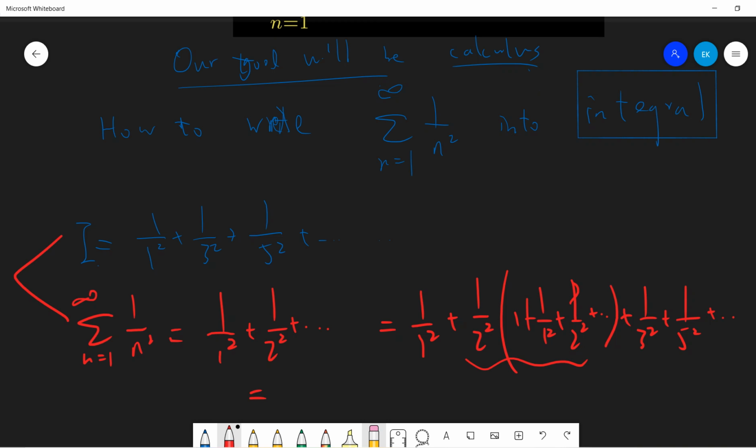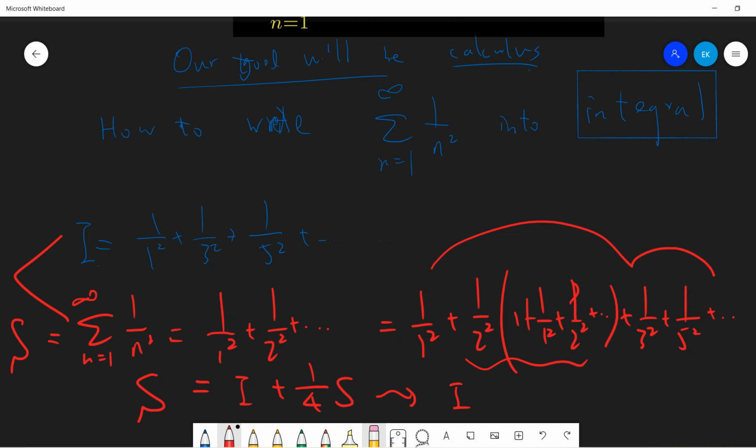So this tells me that S is I plus 1 over 4 S, so we get S.